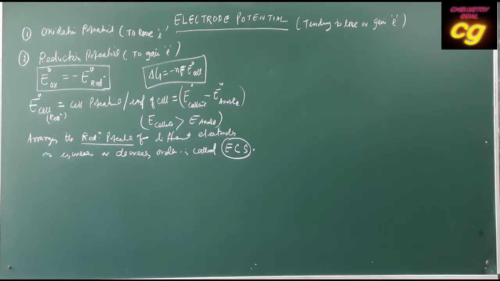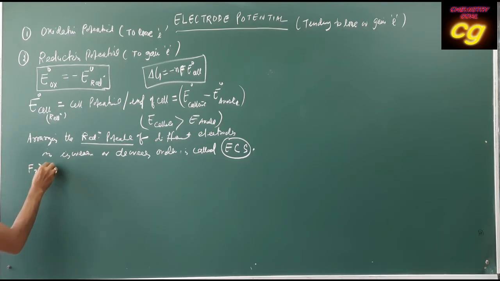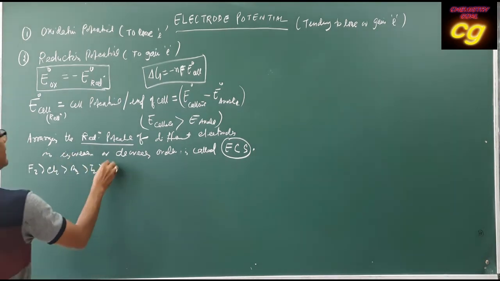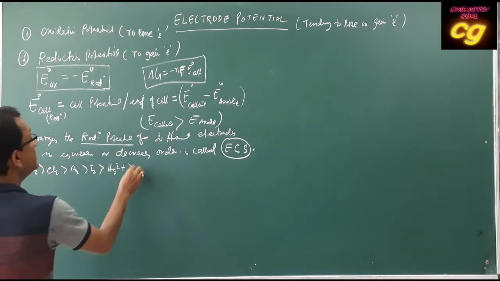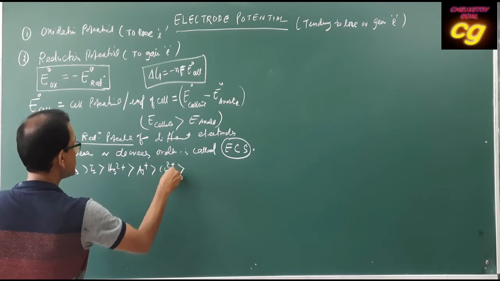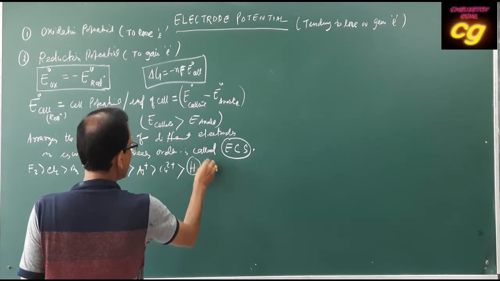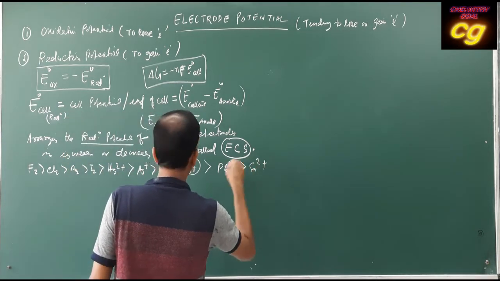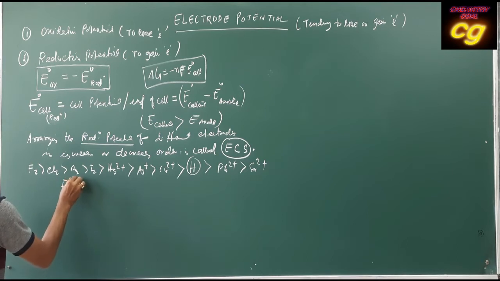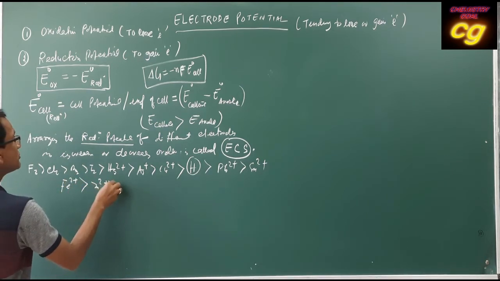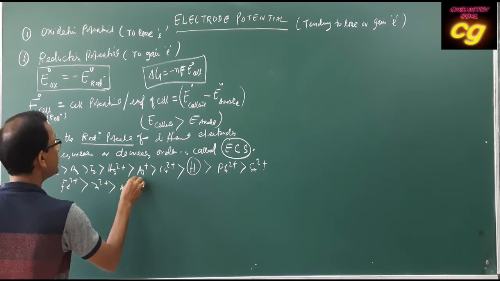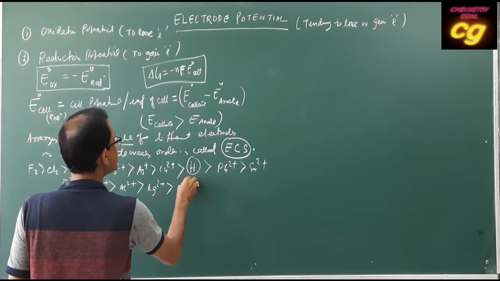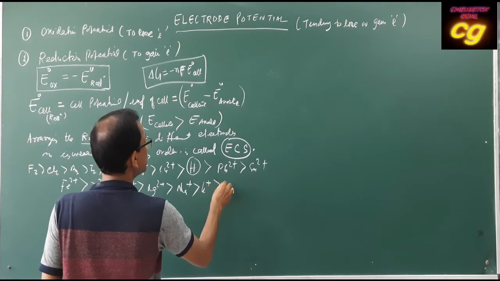I will give some examples. The order is like this: F2 greater than Cl2, greater than Br2, greater than I2, greater than Hg2 plus, greater than Ag plus, greater than Cu2 plus, then hydrogen, then Pb2 plus, greater than Sn2 plus, then Fe2 plus, Zn2 plus, then Al3 plus, Mg2 plus, Na plus, then K plus, then Li plus.